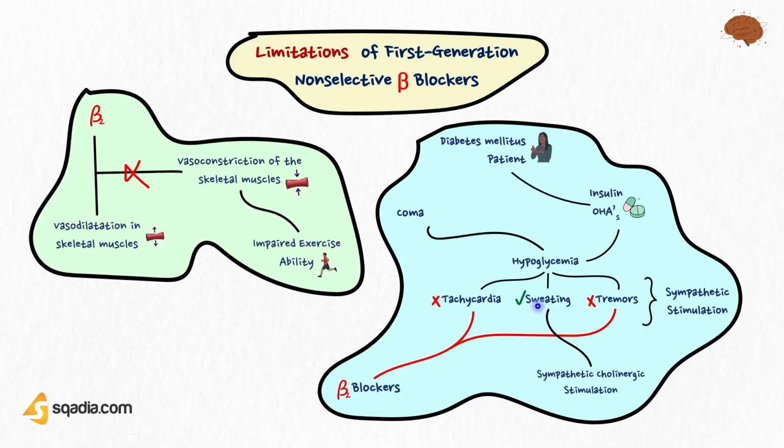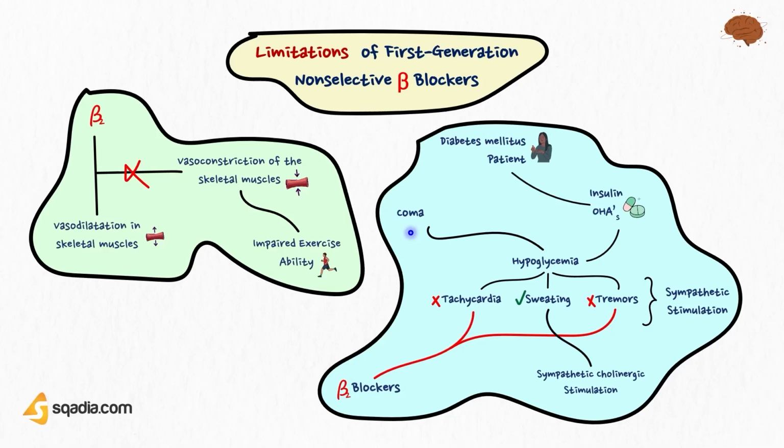Why only sweating? Because sweating is controlled by sympathetic cholinergic stimulation and not only the sympathetic stimulation. So the patient doesn't exhibit the normal symptoms of hypoglycemia, which are tachycardia, sweating, and tremors.